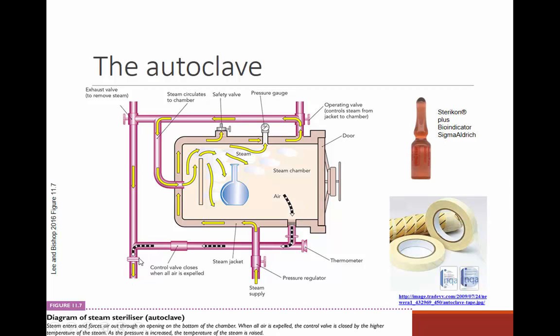And the air is just removed. So in that pressure chamber, you will have steam being circulated and an increase in temperature, plus you'll have pressure. Okay, and that is how you sterilise a particular thing using an autoclave.